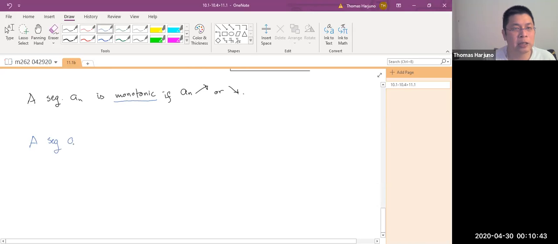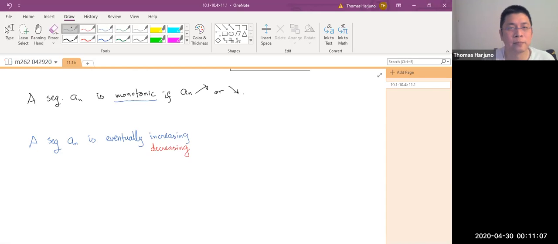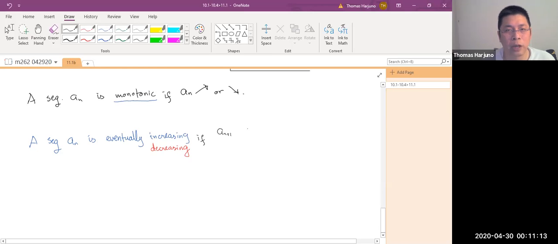Sequence a sub n is eventually increasing or eventually decreasing if a sub n plus 1 greater equals to a sub n.